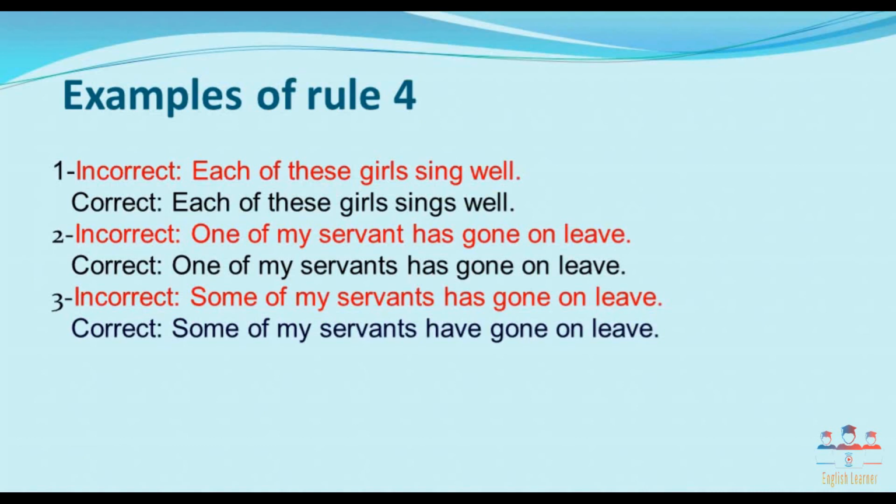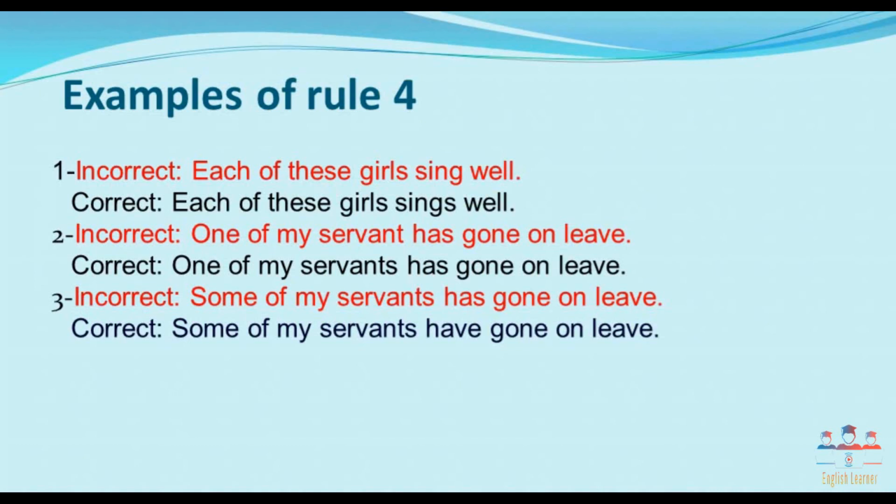Now there is a point to understand in this example: one of my servant means there must be a number of servants, so you say one of my servants, because you cannot subtract 1 out of 1. So we should correctly say, one of my servants has gone on leave.